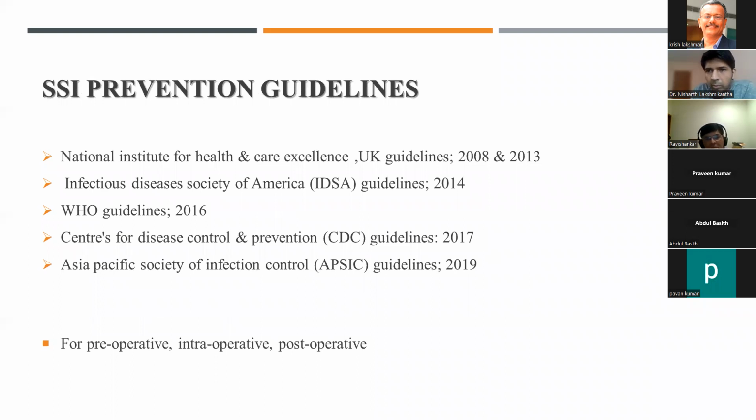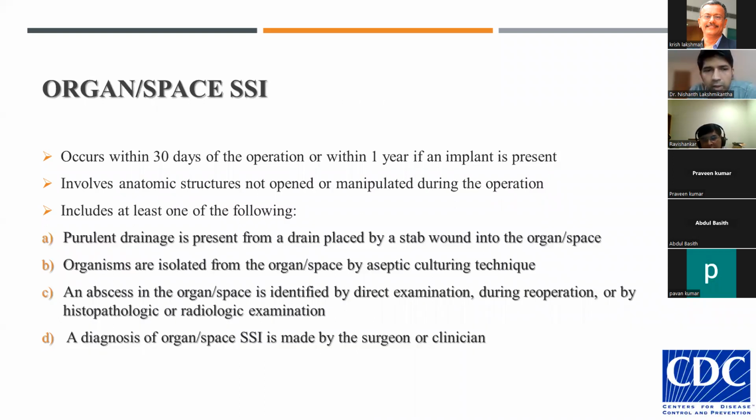Okay, just to sum up whatever he said, there were a lot of definitions involved there. The definitions are very important, even in clinical practice, to identify and report the infections. But to make it easy, let's assume you're operating an open appendicectomy for an appendicular abscess. After surgery, if only the skin is infected, you call it a superficial skin infection.